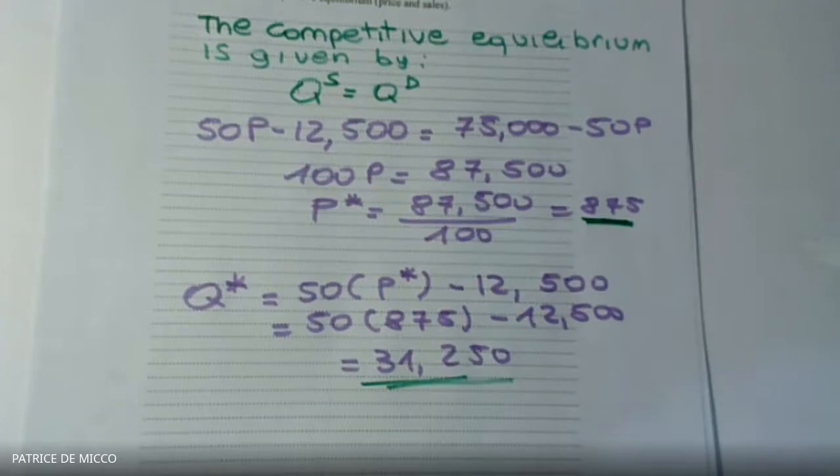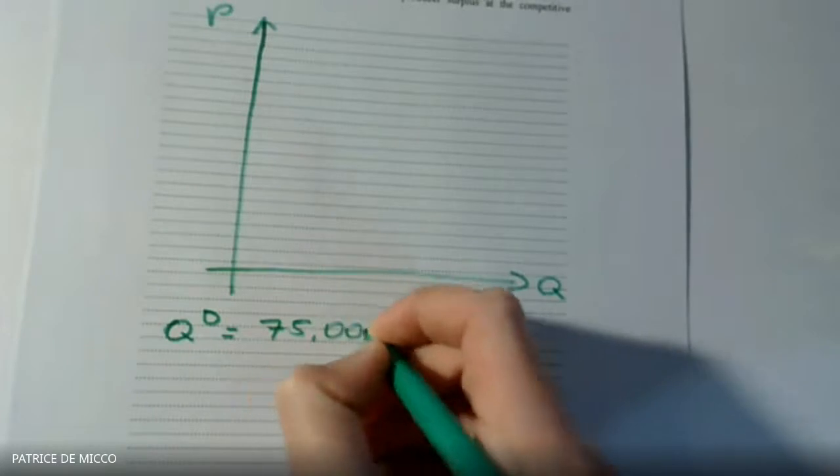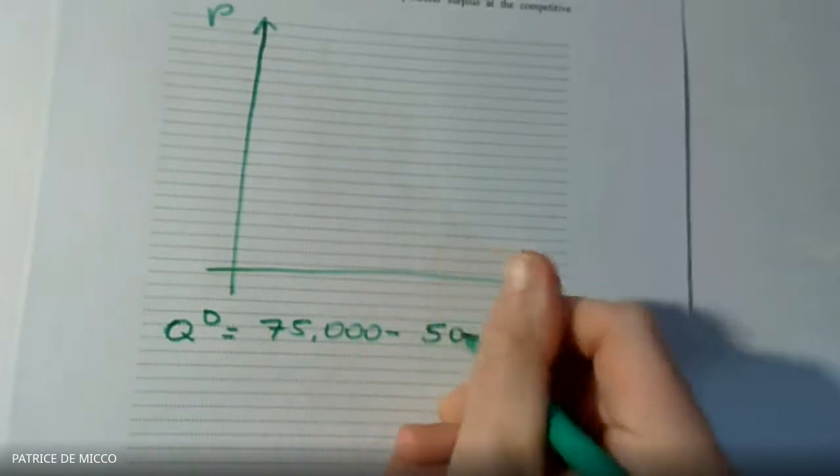Okay. Now, number 3, we have to compute the consumer surplus and producer surplus at this competitive equilibrium. So here the easiest way to go is to graph. Okay. So let's graph it together. You have Q here, you have P here. We need to graph QS and QD. Let's rewrite the equations. So we have QD is equal to 75,000 minus 50p.